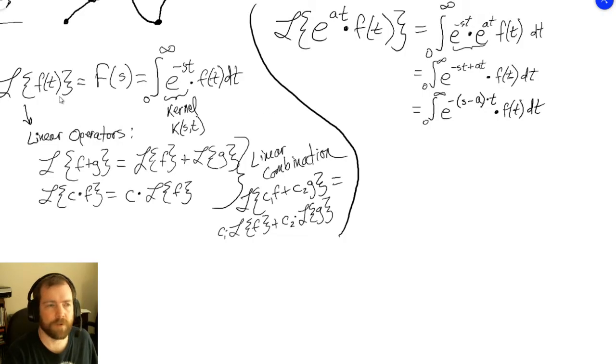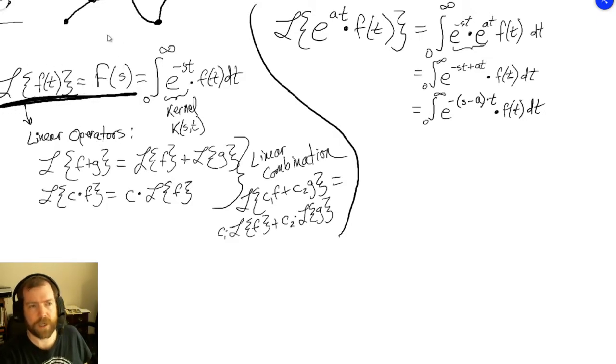Now, what we saw earlier was that the Laplace transform of f of t was going to be capital F of s. And here, what we've done is change our s from just being negative st to a negative parentheses s minus a times t. So our s term is now replaced by s minus a.